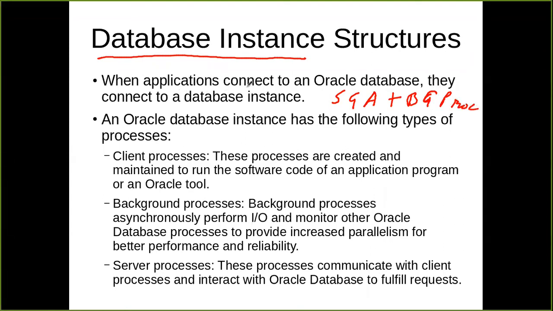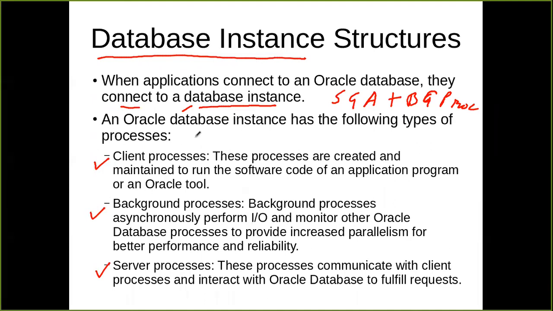When an application connects to the Oracle database, it connects to a database instance. Whenever an external application, for example your PHP program or SQL Plus, tries to connect with the Oracle database, it connects with the database instance directly first. The database instance has the following processes: the client process, the background process, and the server process.